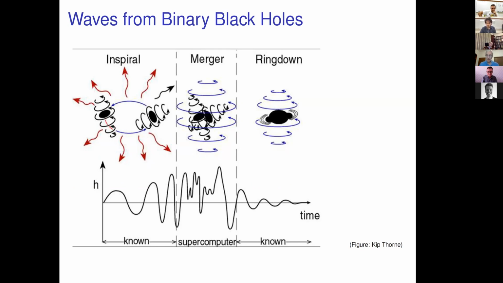And then after the two black holes merge and form a single distorted black hole, we have the ring down phase, where the radiation is dominated by these quasi-normal modes that I'm going to be talking about. And eventually we settle down to a final Kerr black hole.